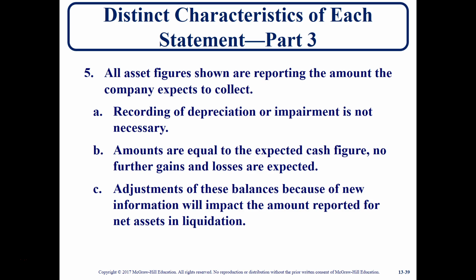So the recording of depreciation or impairment is no longer necessary. Amounts are equal to the expected cash, so no further gains and losses. And again, adjustment of these balances for new information will impact the amount reported for net assets in liquidation.